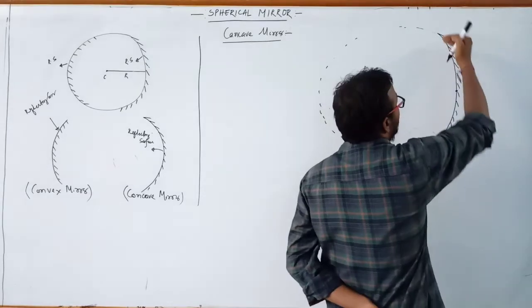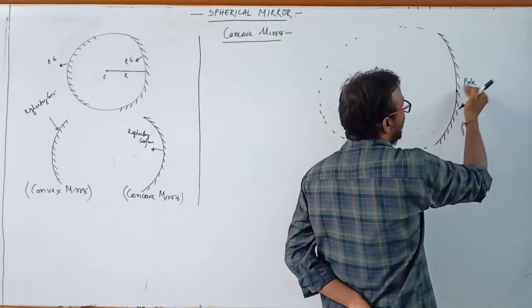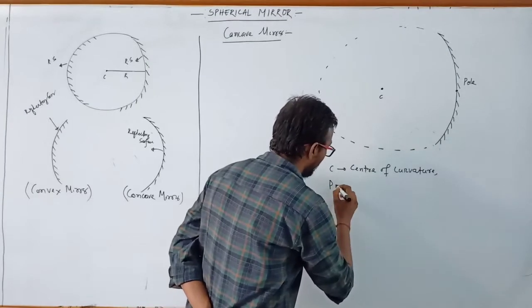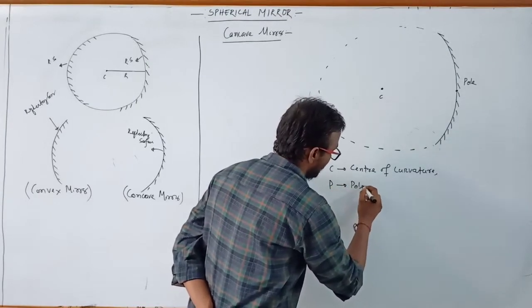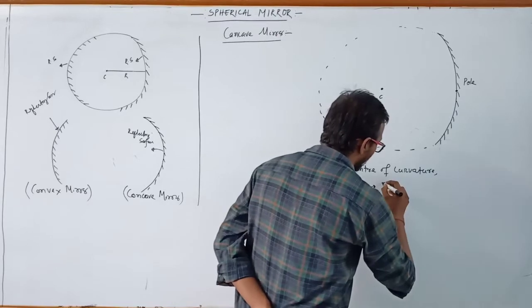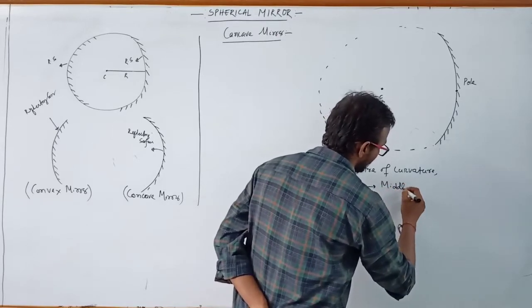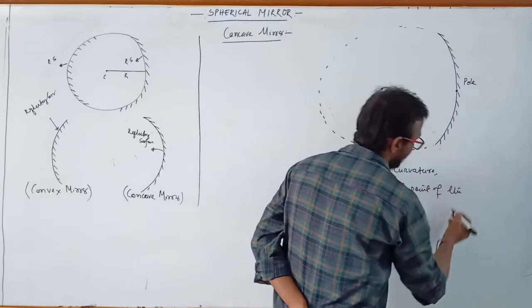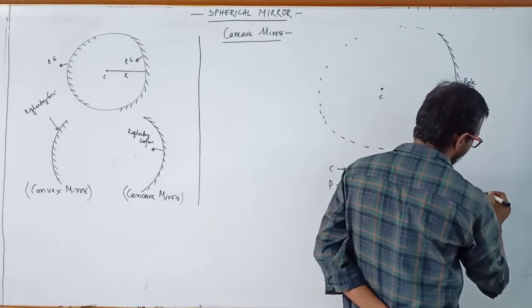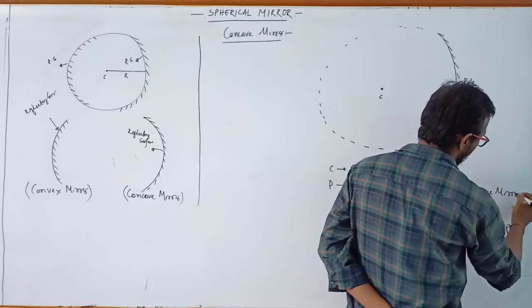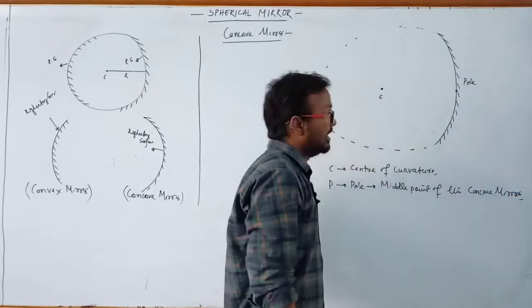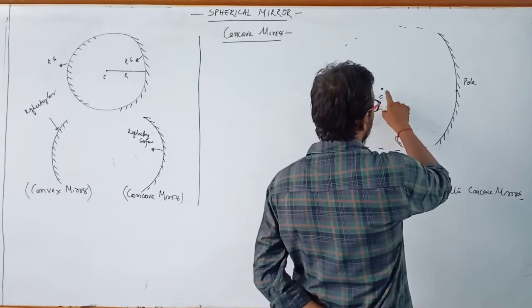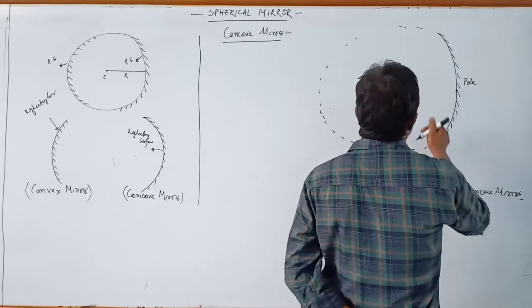So pole means pole P. Pole means it is the middle point of the concave mirror. Clear?